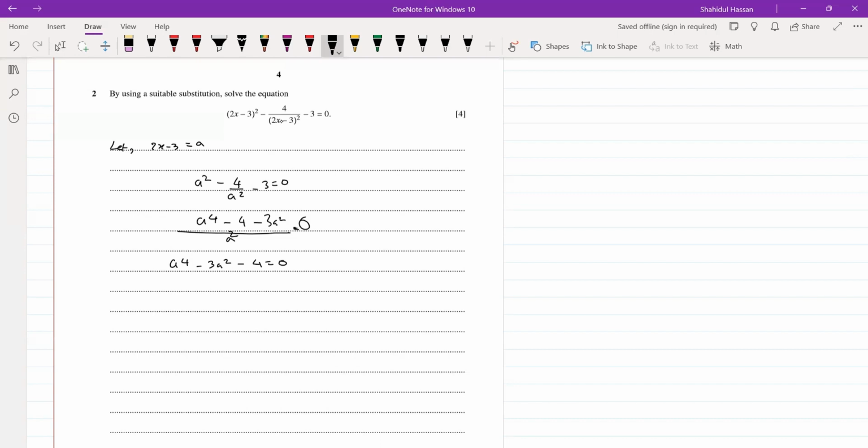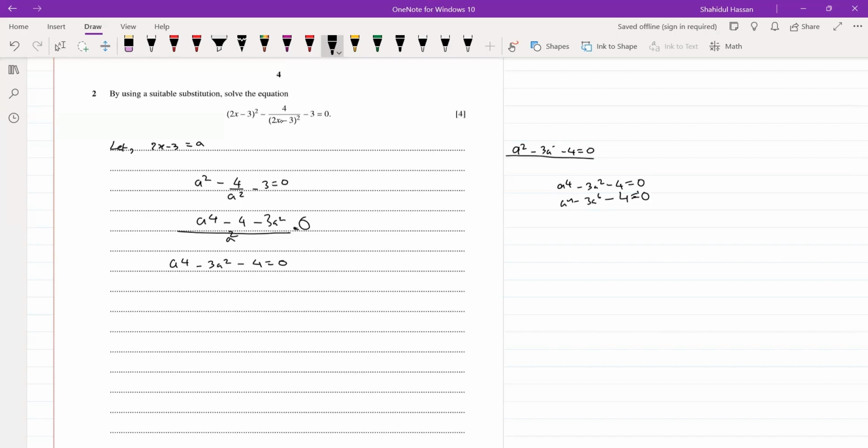Yes students, what do we do now? Anyone? Factorization. Yes, it is a middle term factorization. We know that a square minus 3a minus 4 can be done by middle term factorization. Not just this one; a to the power 4 minus 3 square minus 4, or a to the power 4 minus 6 a to the power 6 minus 4, can also be done by middle term factorization.